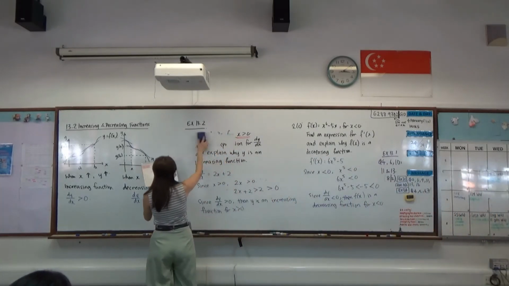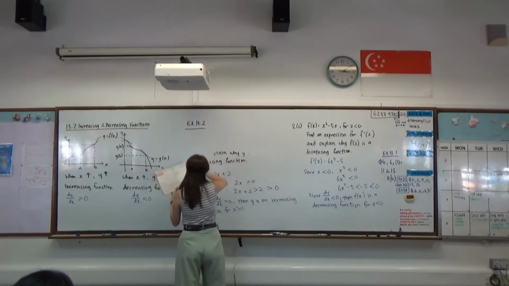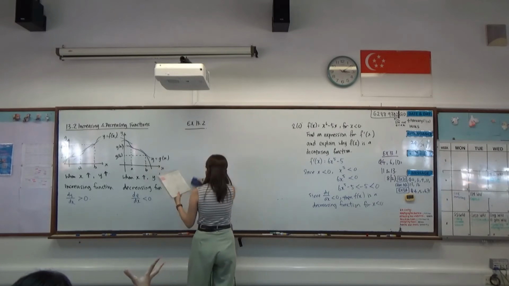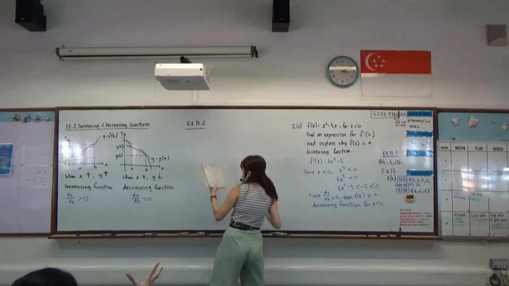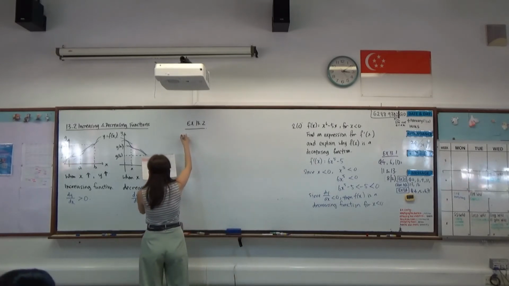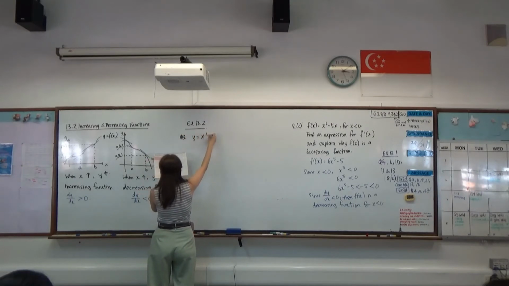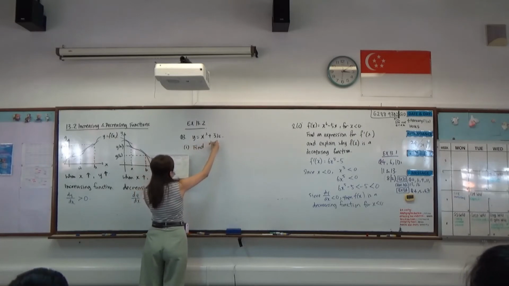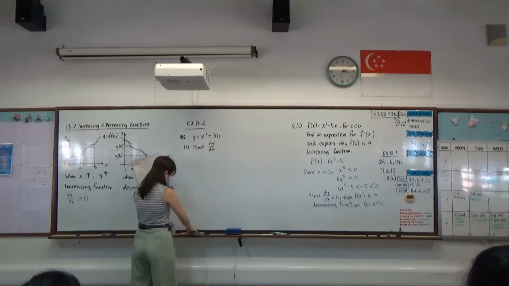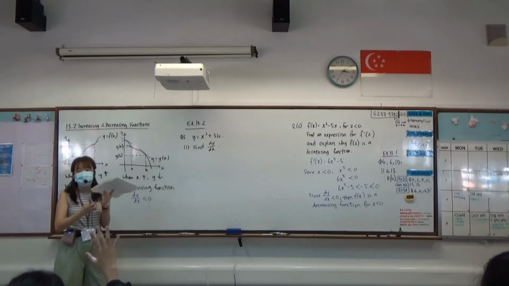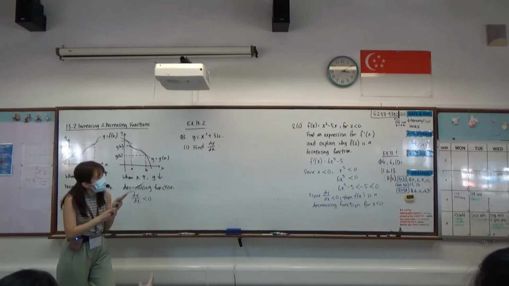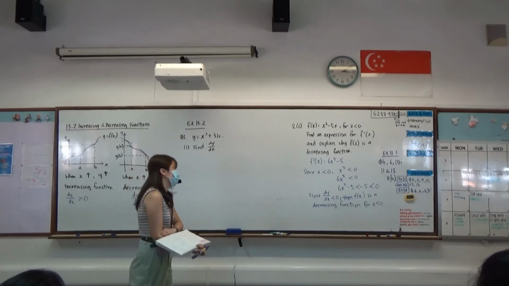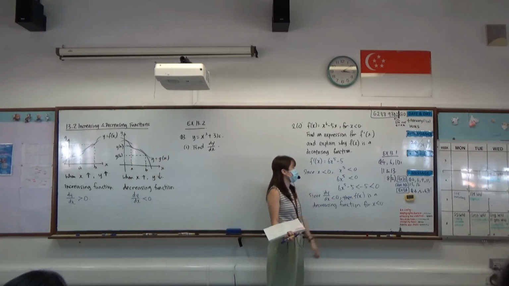Okay, next we look at question 3. Earlier someone asked, must we write x to the power of 5 less than 0?